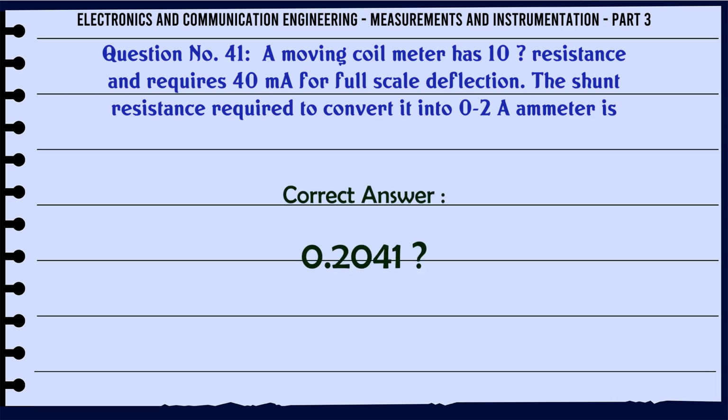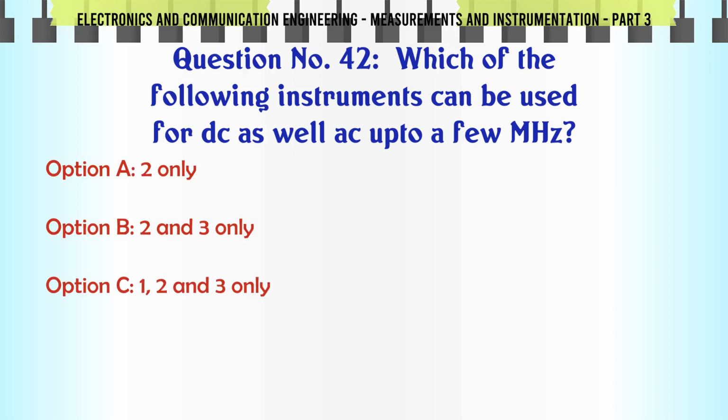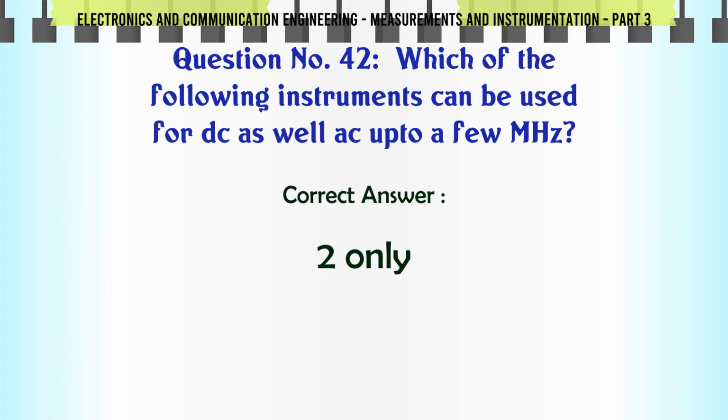The correct answer is 0.2041. Which of the following instruments can be used for DC as well AC up to a few megahertz? A, 2 only; B, 2 and 3 only; C, 1 2 and 3 only; D, 2 and 4 only. The correct answer is 2 only.